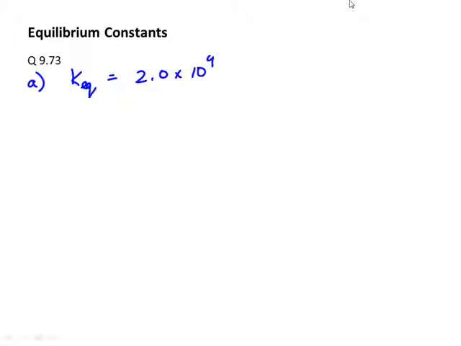According to table 9.2 on page 259, if the K equilibriums are large, so I would say between 10 raised to 3 and 10 raised to 10, then there are more products than the reactants.